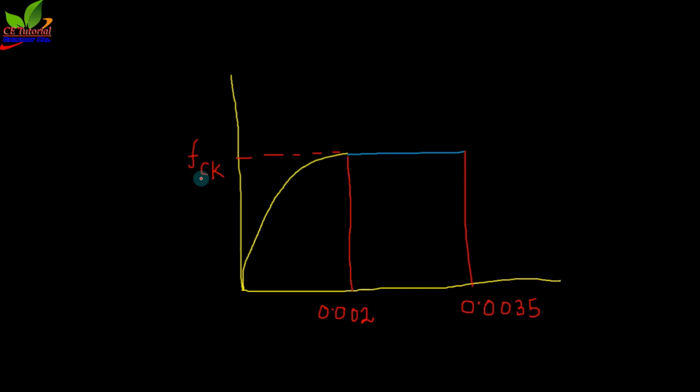If our concrete is high strength concrete, then the value of fck will be 65 to 100. So this fck value will vary from 10 to 100 as per IS 456.